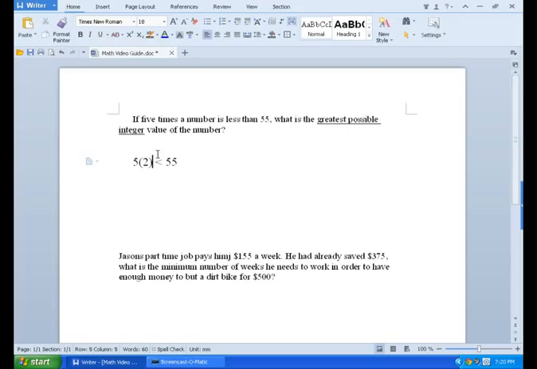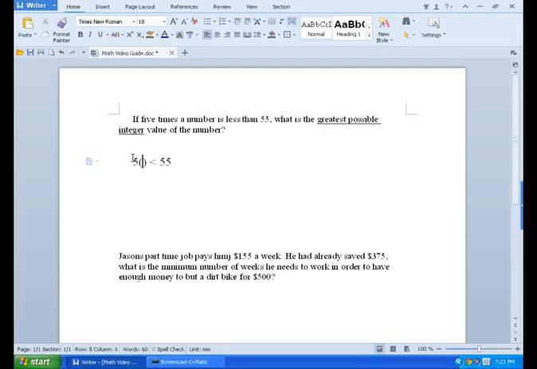If you do 5 times 2, a greatest possible integer, that's not going to be an answer. 5 times 3 is 15, and 15 is too low compared to 55, so we need something closer. 5 times 4 is 20, that's not correct, not 5 times 5, not 5 times 6.